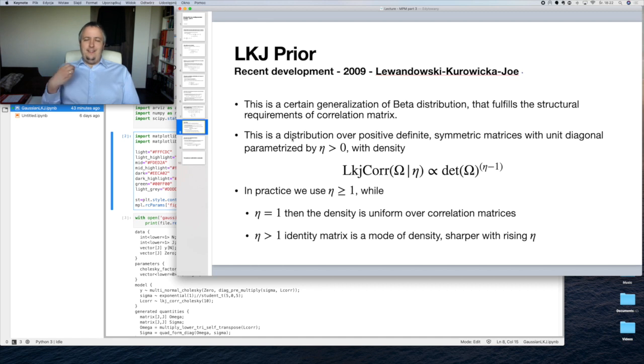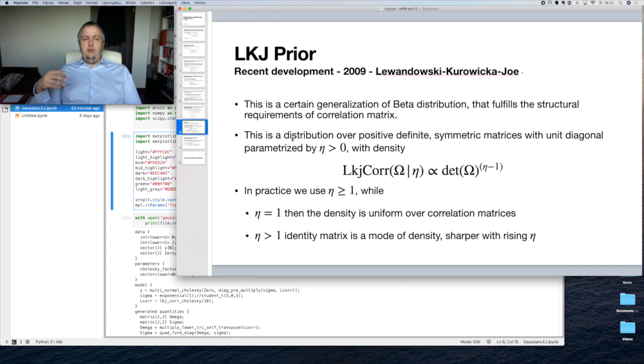And this is, very broadly speaking, a generalization of the beta distribution, because we have bounds on -1 and +1, so we have bounded elements of the matrix, and with the requirement that this beta distribution fulfills the structural requirements of a correlation matrix. The realization of this distribution is much more complicated, how to sample from it, but an algorithm was developed in the famous paper.